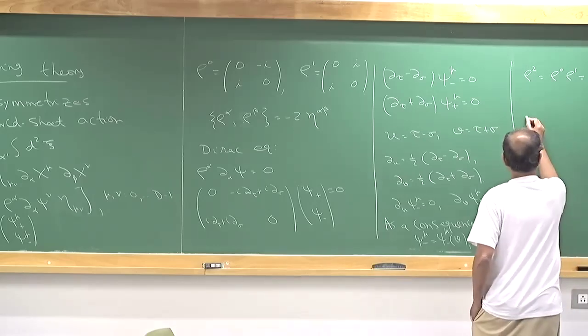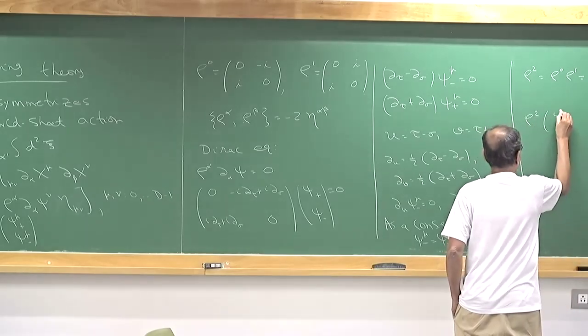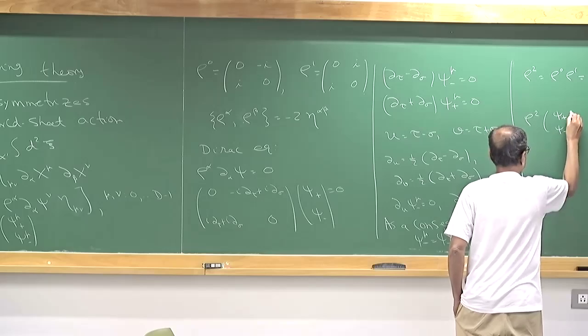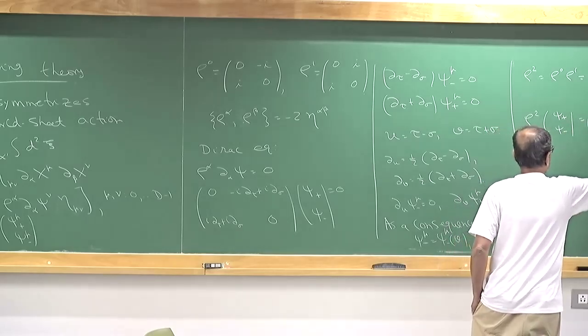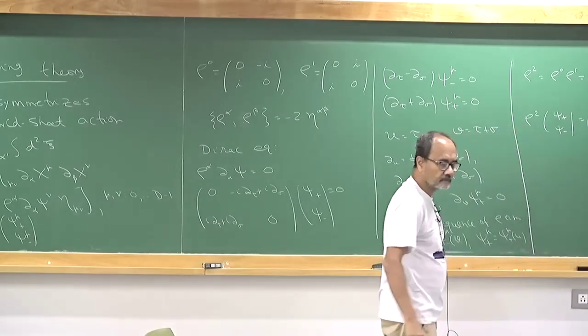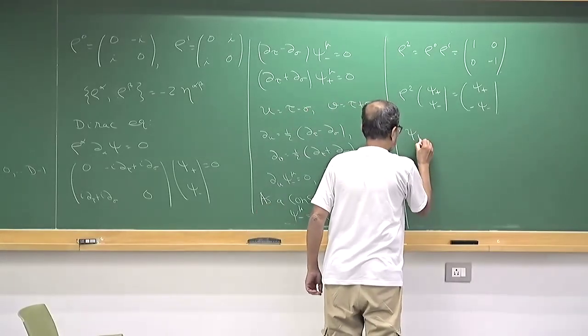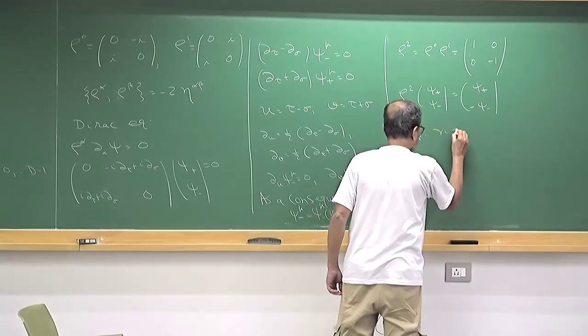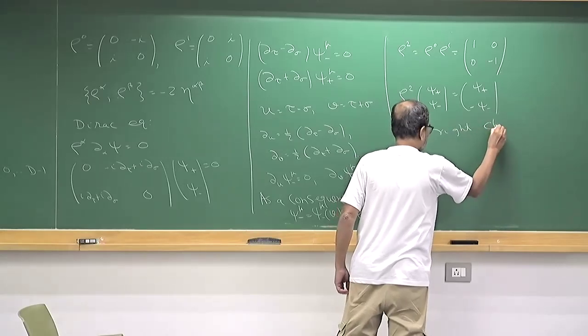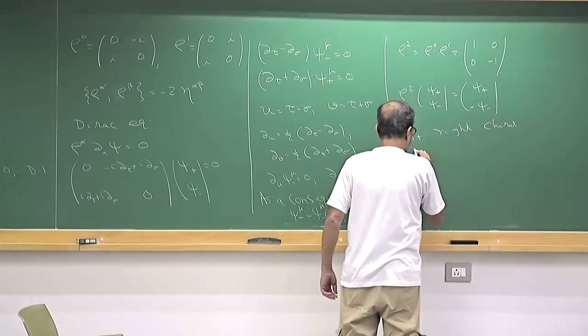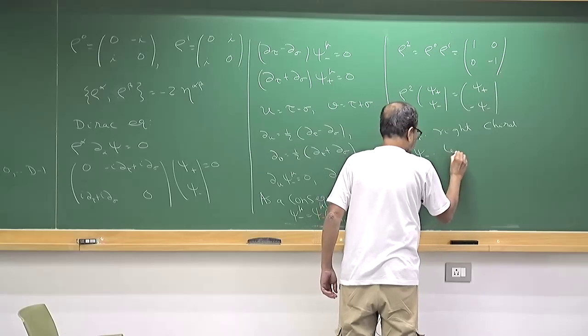So you see that rho 2 on psi plus, psi minus is psi plus, minus psi minus. So we call psi plus the right chiral and psi minus the left chiral.